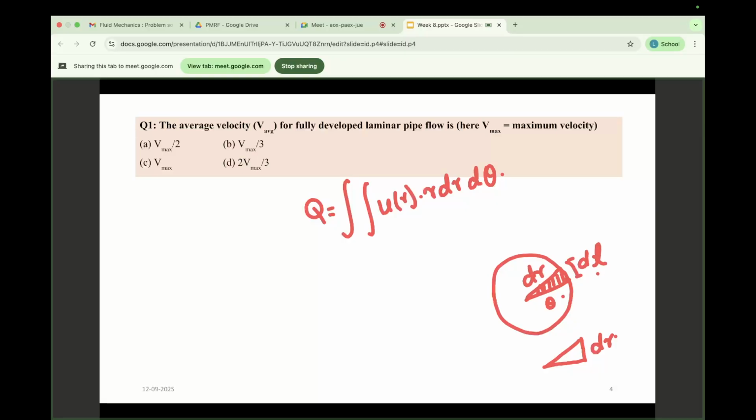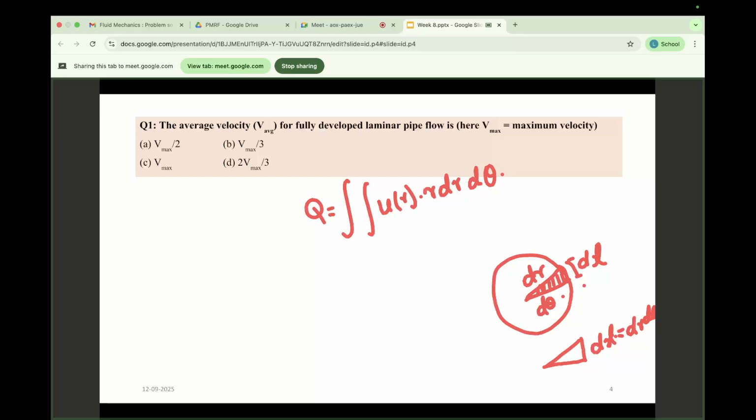So I can write dl means dr into sin theta. You have studied that an arc means L into theta, so I can write r into theta. So here I can write dr, and this is small, so I can write d theta.